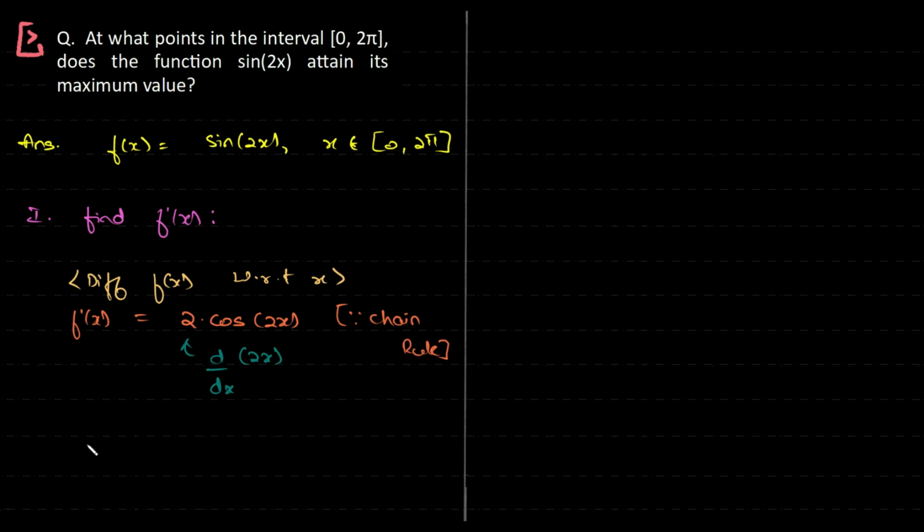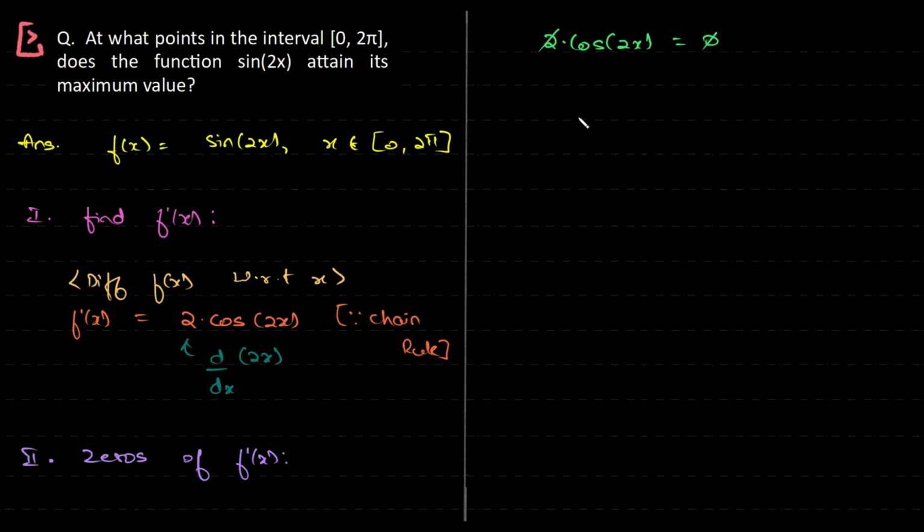Now moving on, the second step would be to find the zeros of f prime of x. So for that I need to equate 2 cos of 2x to 0, right?